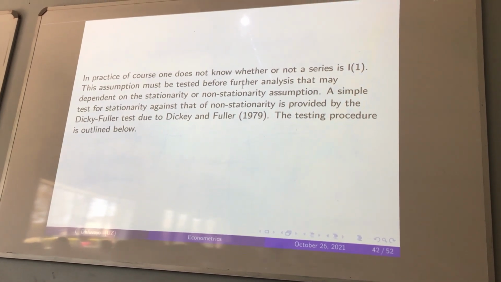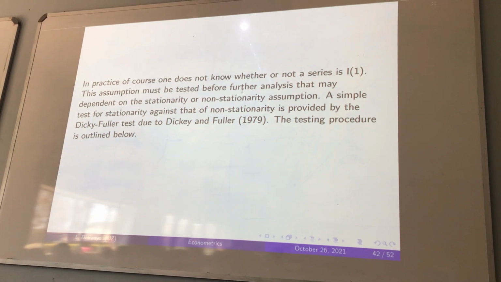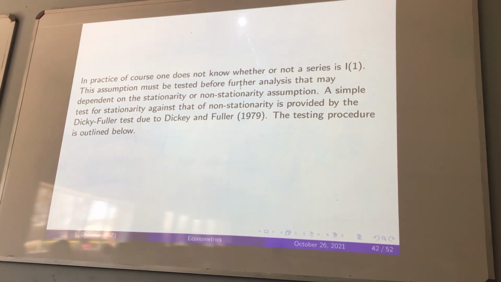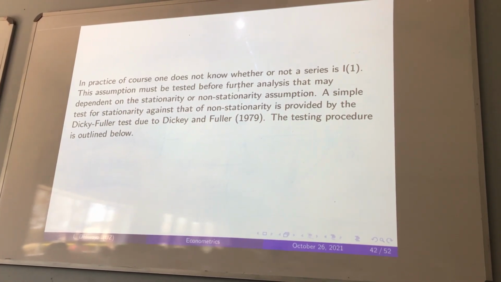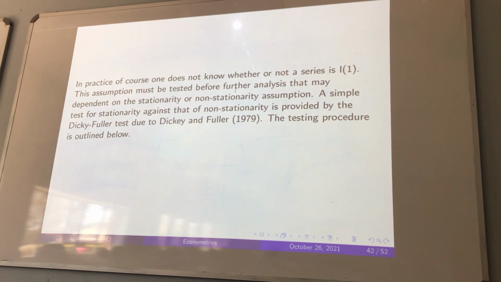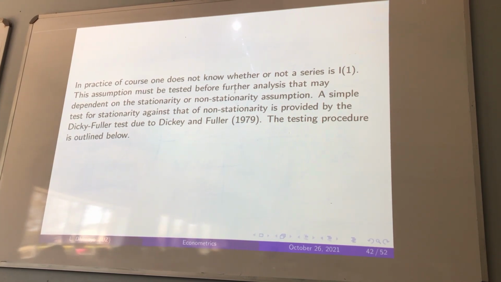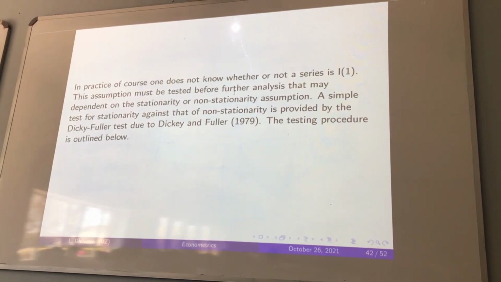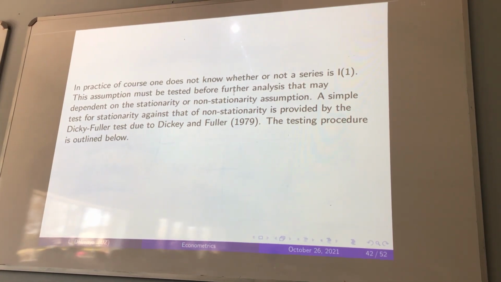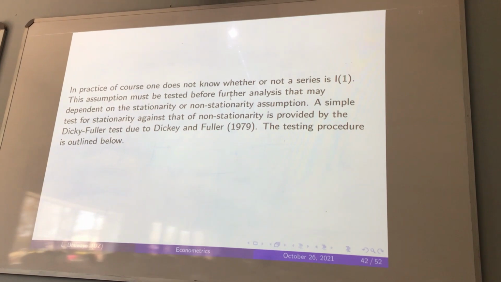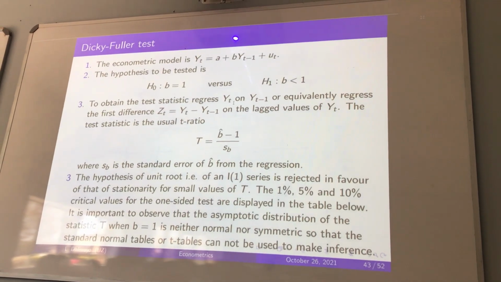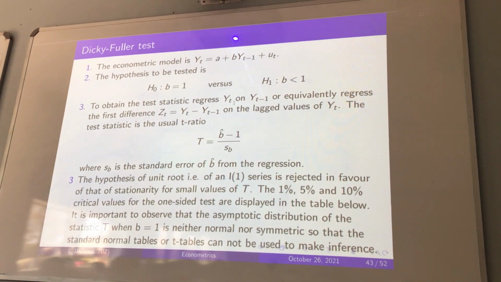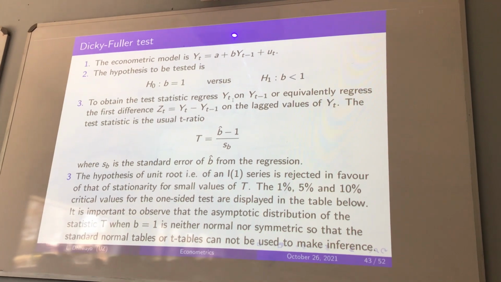A simple test for stationarity against non-stationarity is provided by the Dickey-Fuller test. There are other tests, but the one we are going to use here is the Dickey-Fuller test, due to Dickey and Fuller, 1979. That's a long time ago. The test procedure is outlined below.